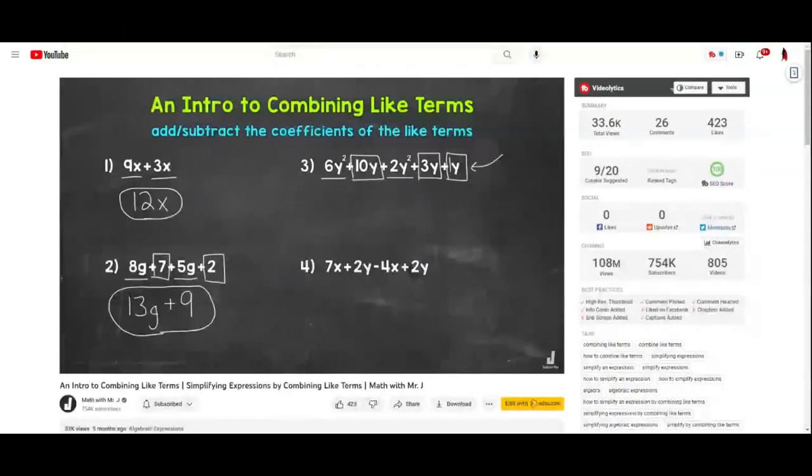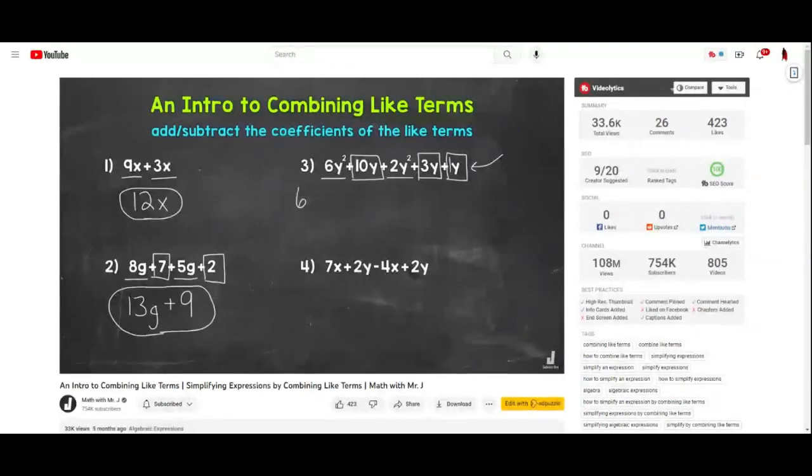Now, since this algebraic expression has 5 terms and we are working our way up to more complicated algebraic expressions, we're going to use a strategy to help us organize the expression before we combine like terms. We are going to rearrange and rewrite the expression and put the like terms next to each other.